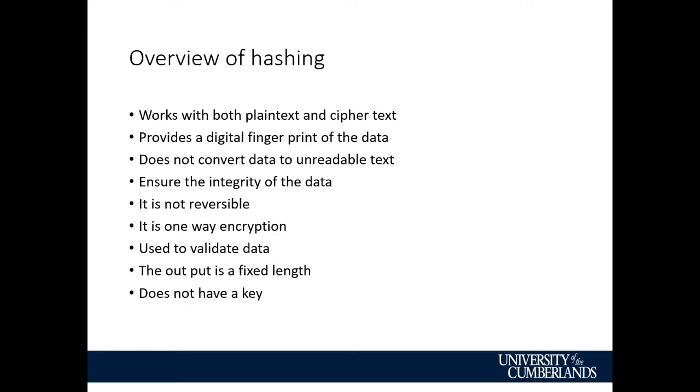With hashing, you just get a digital fixed length output, and you really can't convert it back to what the original text was, because it just doesn't work that way, and you'll see that in a few minutes. It's basically just one-way encryption. You take that information, you create a fixed length, and that's it. And its main use is validating data. I'm going to go over that again in a little more detail.